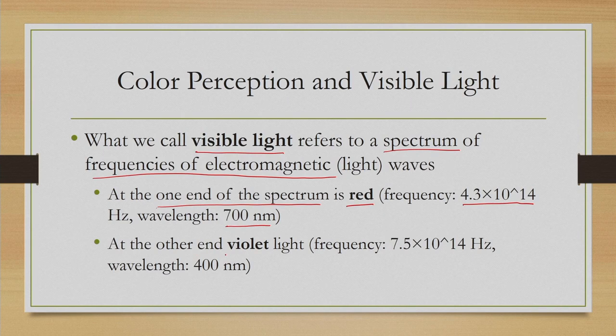And at the other end of the spectrum is violet light with a frequency and wavelength mentioned here. So, red is the component with lower frequency, violet is the component with higher frequency, and all frequencies in between are part of the visible light. And red is the component with highest wavelength and violet is the component with lowest wavelength, and in between wavelengths are there in the visible light.